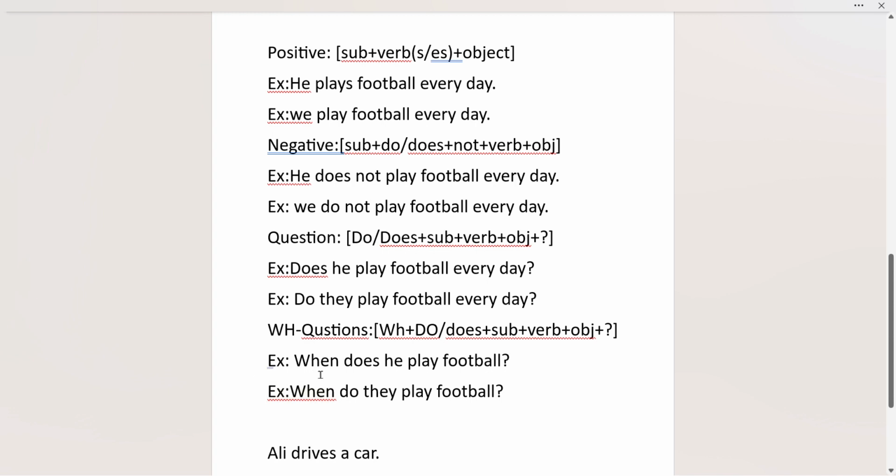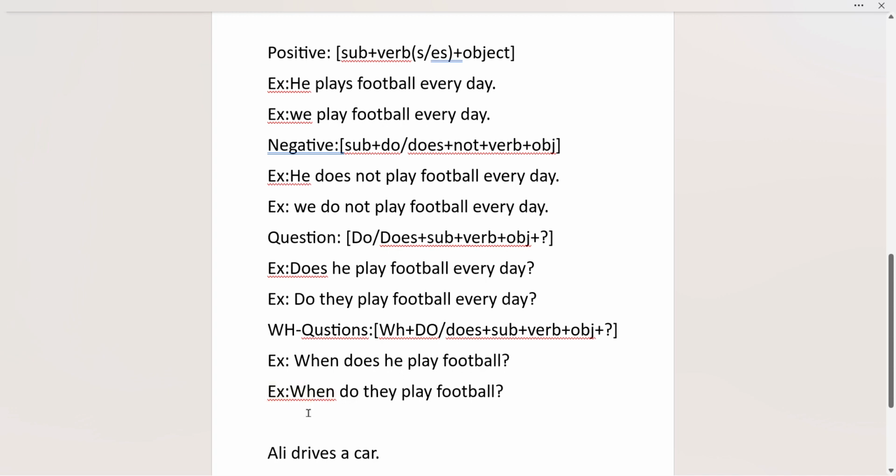For example, when is a WH question word, and then we use do or does. If there is he, she, it, or one person, for example Ali or John, we use does. We add es with do to show the person is singular. Here it is just one person.